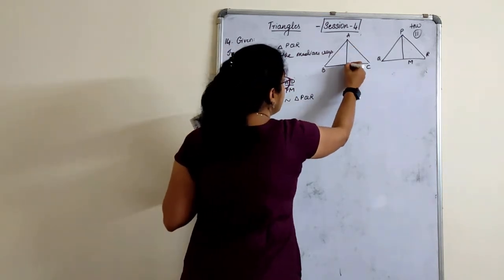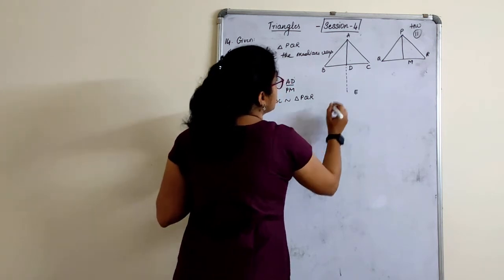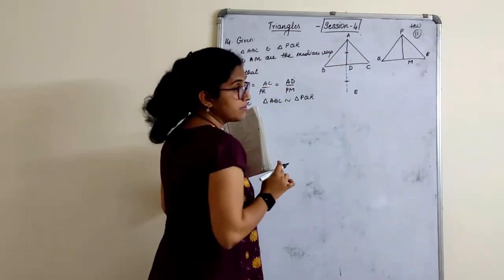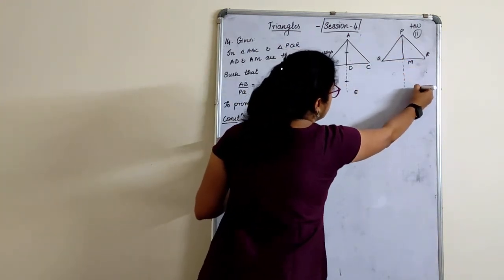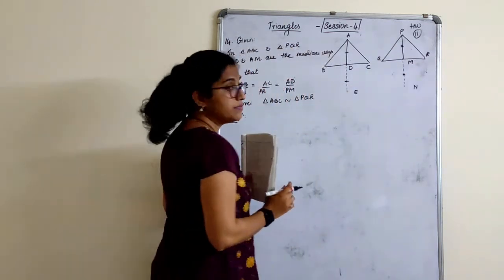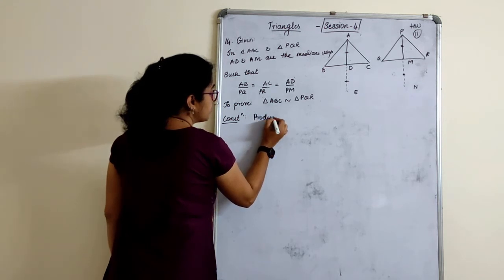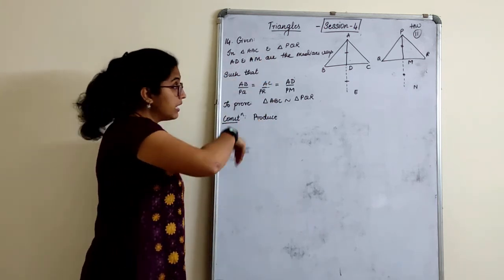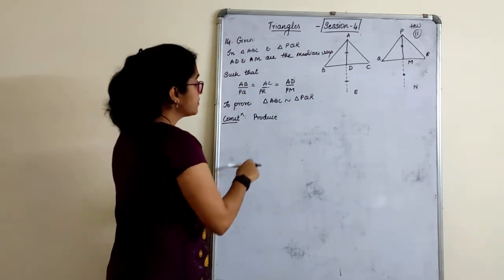Produce AD to E such that AD is equal to DE and PM to N such that PM is equal to MN. Okay, we'll write that first. Now what I will do, I'll first write all the construction, that itself will come very big. I'll write the whole thing and I'll repeat it once again from the proof part.